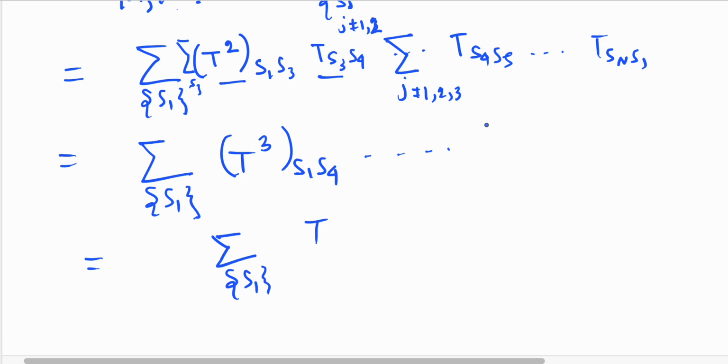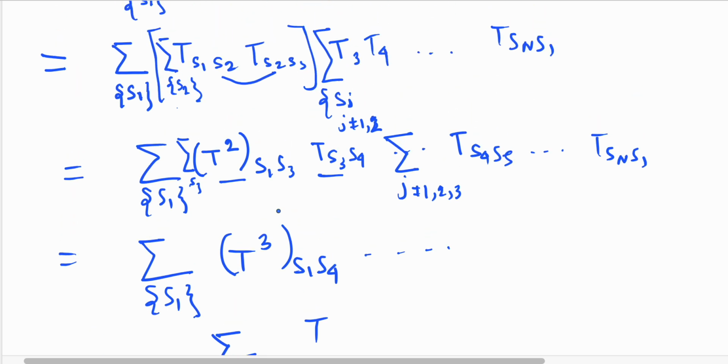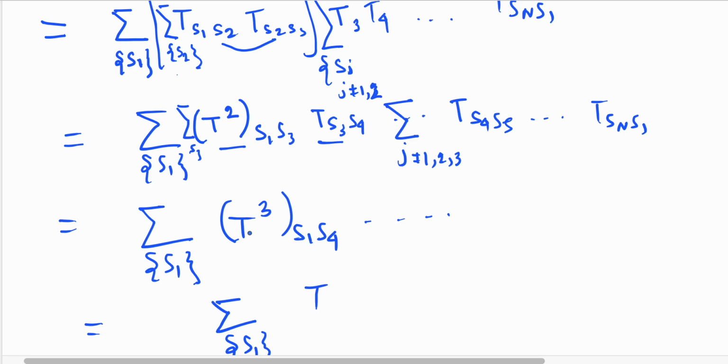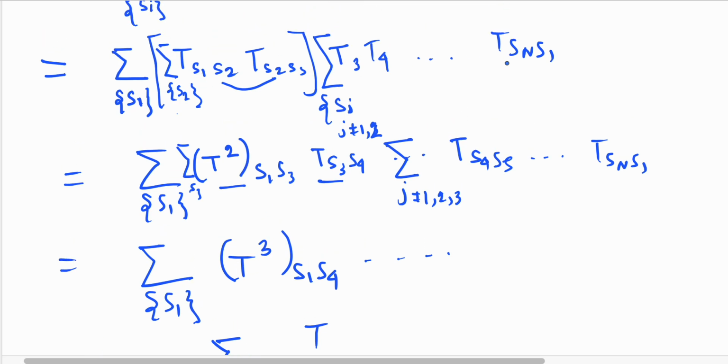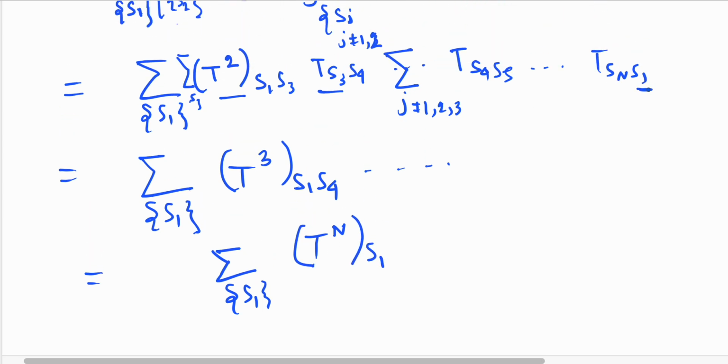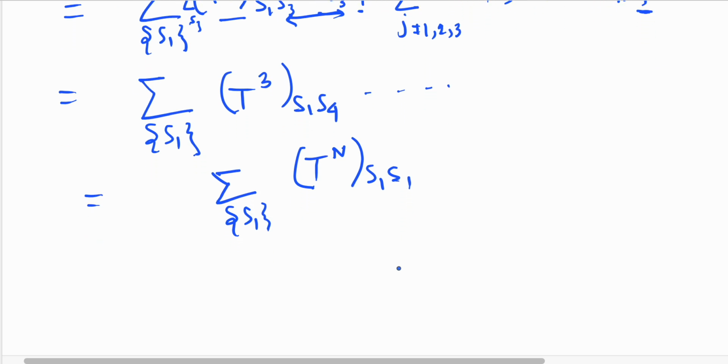Since there are n elements, summing three elements gives me T cubed, and summing the n elements will give me T^n, and the last index will remain.